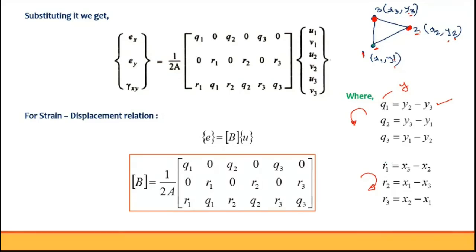R relates with X, so whenever you see R, consider it with respect to X. First point is 3, second is 2, so R1 is X3 minus X2. If I want R2, move in clockwise, X1 minus X3. If I want R3, move in clockwise, it is X2 minus X1.